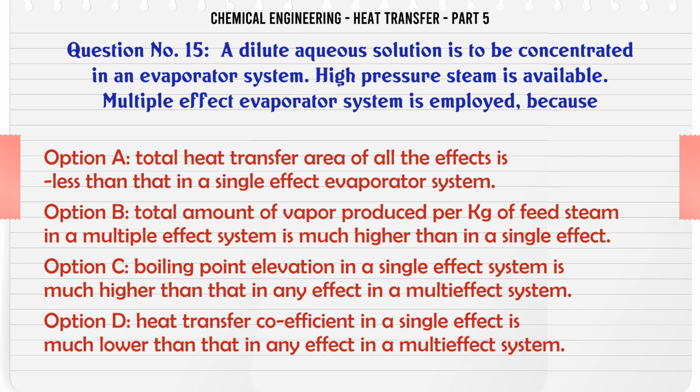B. Total amount of vapor produced per kg of feed steam in a multiple effect system is much higher than in a single effect. C. Boiling point elevation in a single effect system is much higher than that in any effect in a multi-effect system. D. Heat transfer coefficient in a single effect is much lower than that in any effect in a multi-effect system.